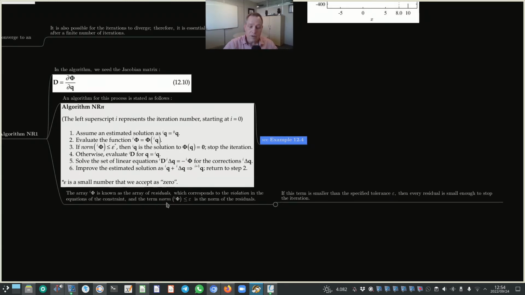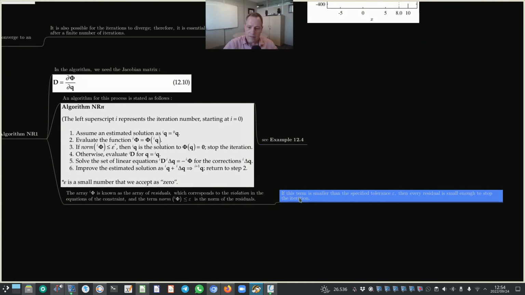The term norm of superscript I boldface phi smaller or equal than epsilon is the norm of residuals. If you go through the algorithm, you will see this array and its norm are used. Now, if the norm of residuals is smaller than the specified tolerance epsilon, then every residual is small enough to stop the iteration.